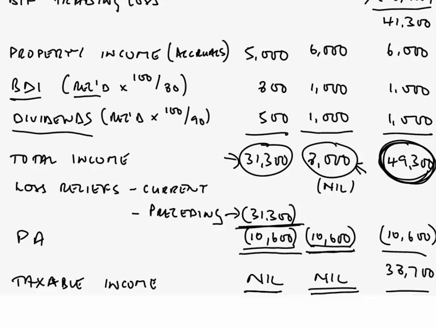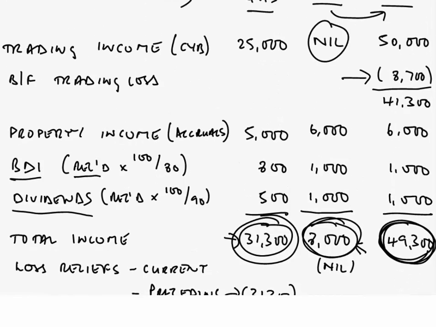The available options are, if you want a more immediate relief, set off against the total income of the current tax year, £8,000, and/or the preceding tax year, 31,300. Any balance of loss left over, carry forward against future trading profits of the same trade, for us the £50,000 there.